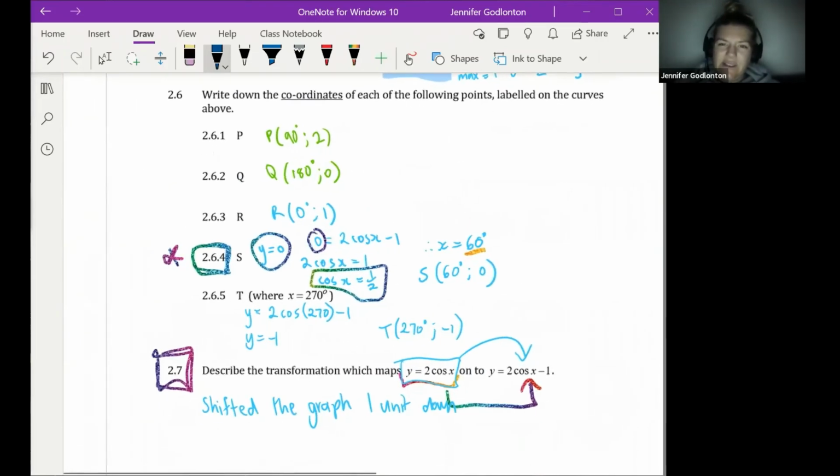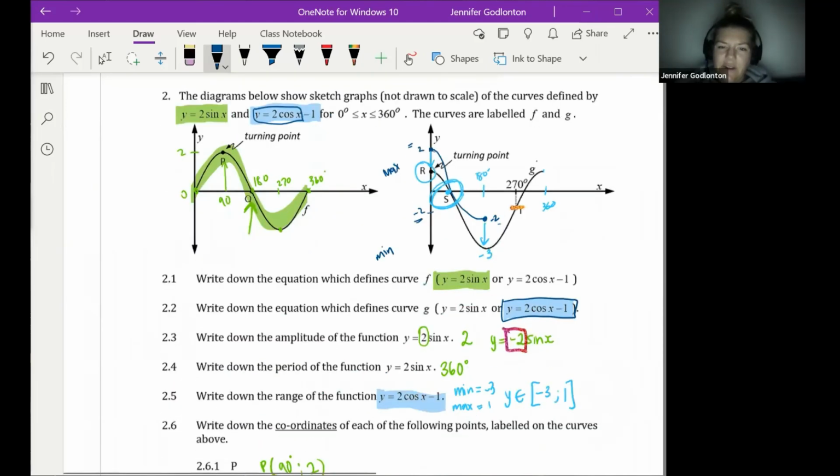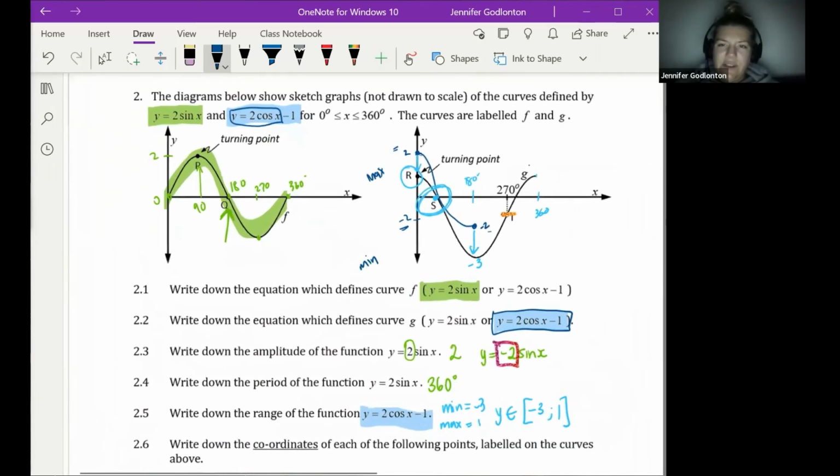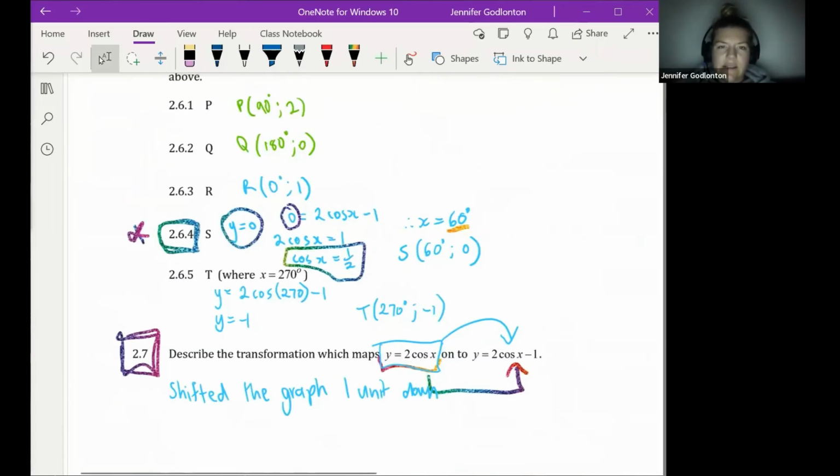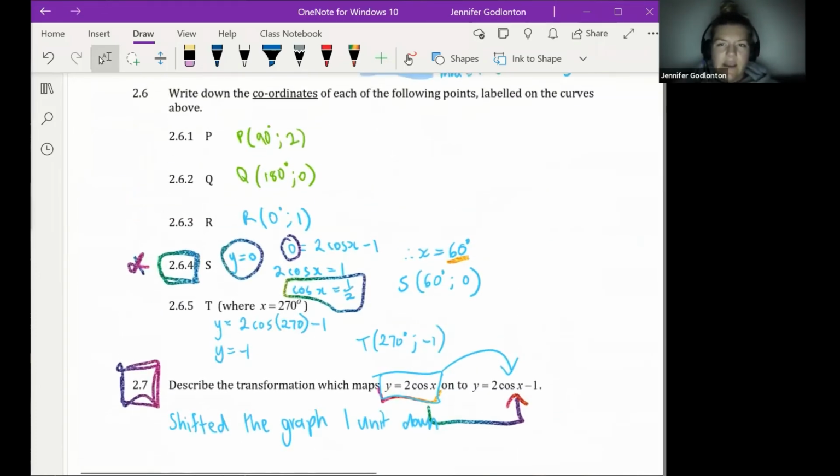I'll try and do it in stages. So if you're wanting a screenshot, that's the first part of it. And that's the second part. One day you won't fall for my tricks. One day.